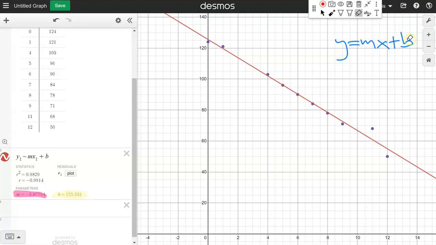So all you have to do is to type your equation, the linear regression equation. It should be in the form of y equals mx plus b.